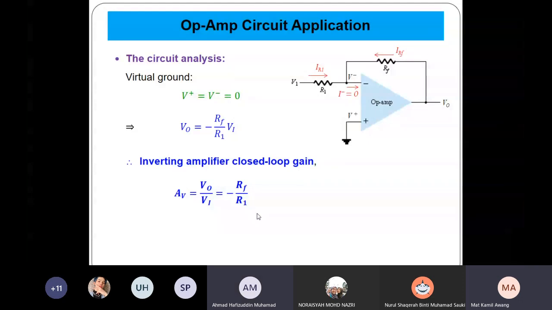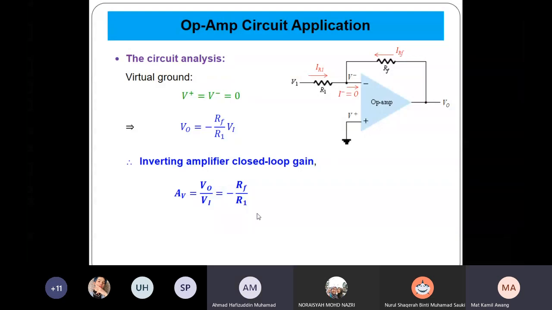So your input signal is amplified by 10, but inverted, out of phase by 180 degrees. So that's why you have a minus sign. So if the input is positive, the output becomes negative, but with a larger amplitude. Okay, clear?